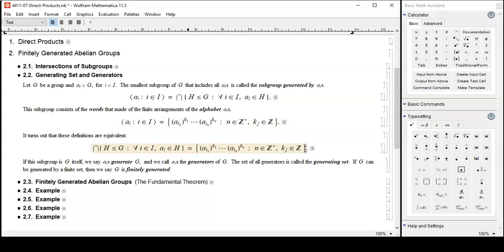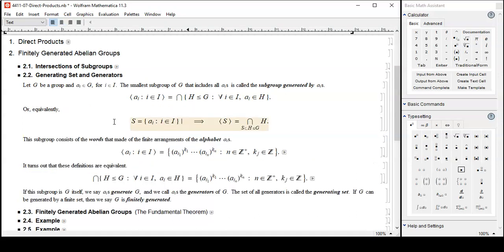Either way, we get a certain subgroup generated by all those a_i. Now, in a special case, if this subgroup is the entire G, we're going to call the a_i the generators of G, and we'll say the a_i generate G. The set of all those generators is called the generating set.